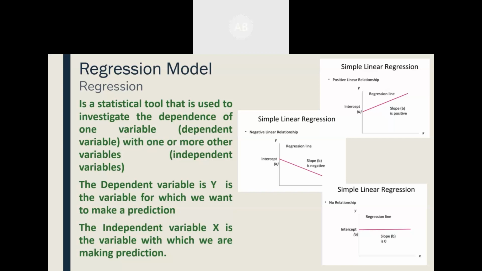But if you think of another variable, the initial moisture content of the soil plus the rainfall affects the flooding. So in that case we have three variables. One is the initial moisture content of the soil, the second is the amount of rainfall, and the third is the extent of flooding.